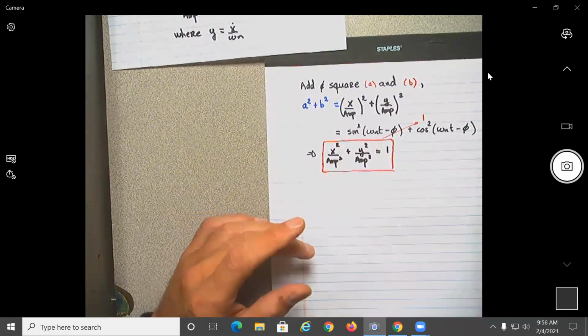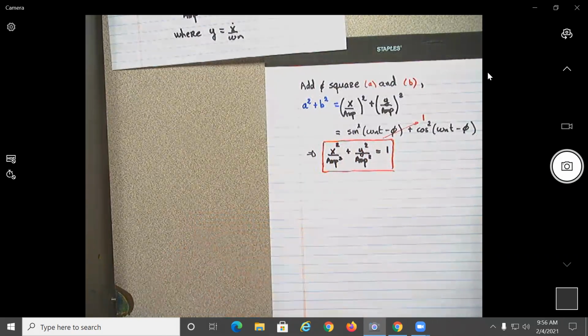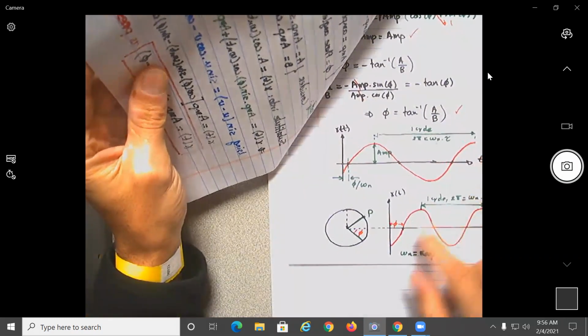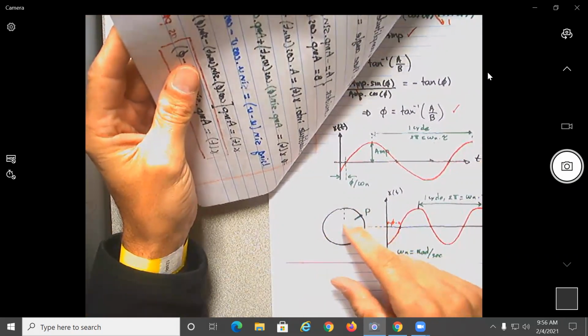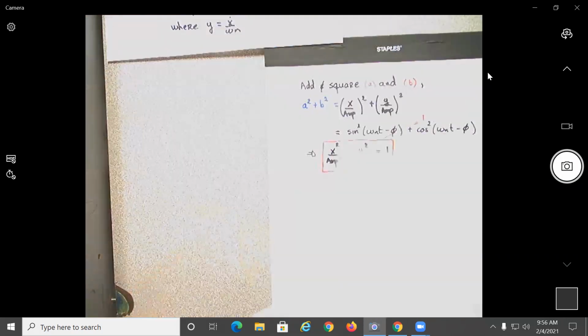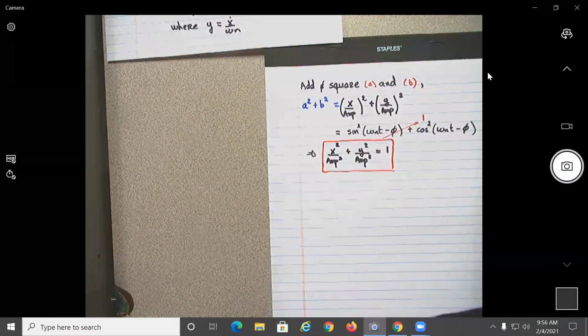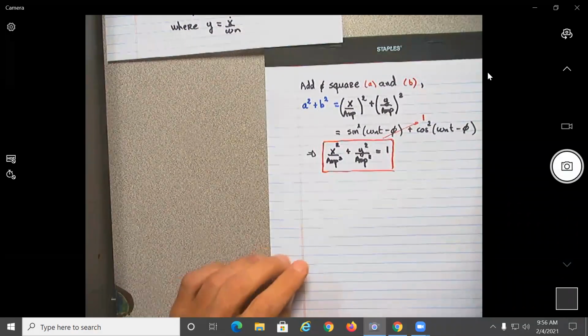Basically, the figure that I did in the last class was to show that the solution is going around a circle, no? It's the same thing. So now if you look at this equation here, what is this equation?